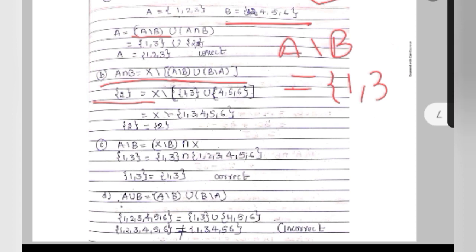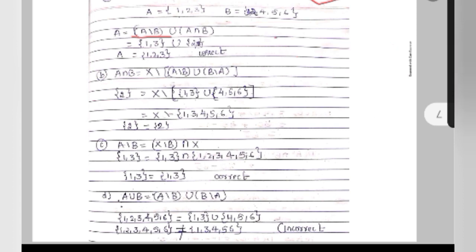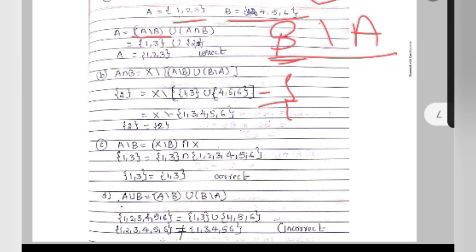What is B minus A? In B minus A, I have to collect the elements of B, but those elements should not be in A. So let's check the set B. In B, I have 2, but the same 2 is also in A, so 2 is not included.